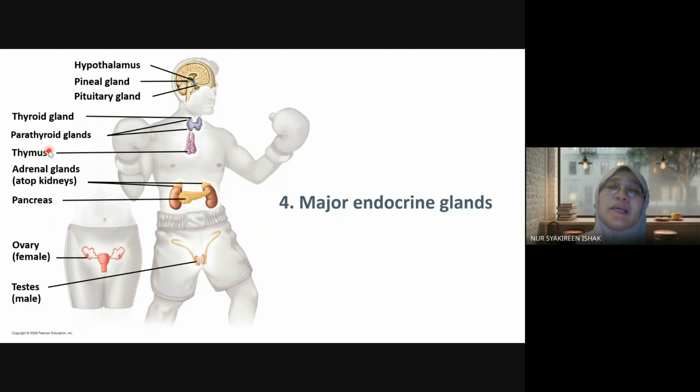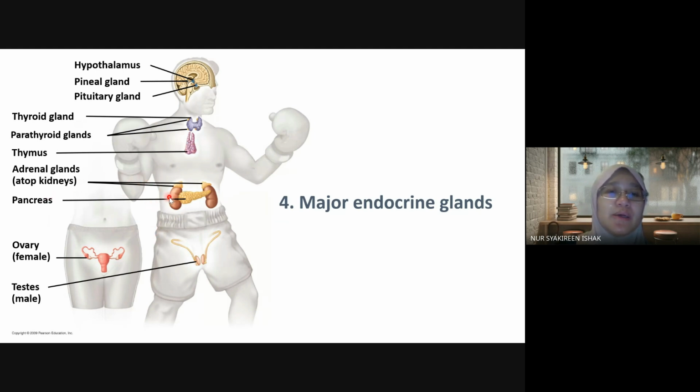So thymus ni dia terlibat dalam lymphatic system, dia terlibat dalam immune system, dia terlibat dalam endocrine gland, hormones. Okay, so it produces and secretes hormones, and also it is the location where T lymphocytes mature. Okay, so that one we are going to look at in the immune system chapter.